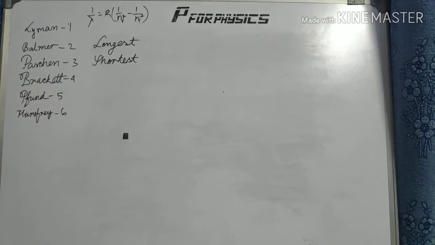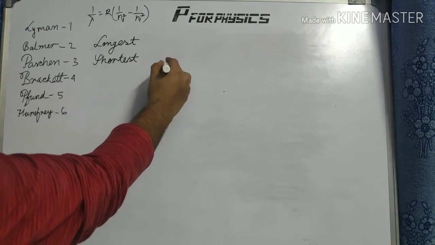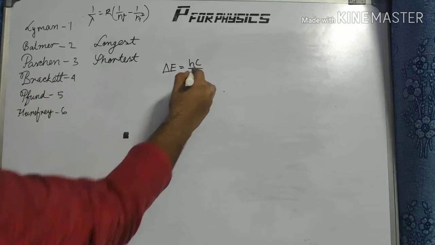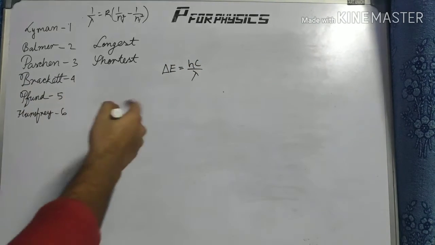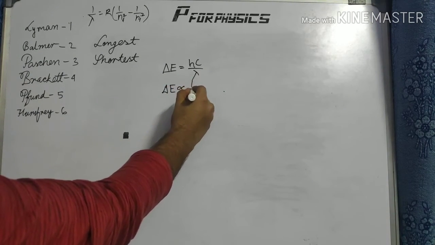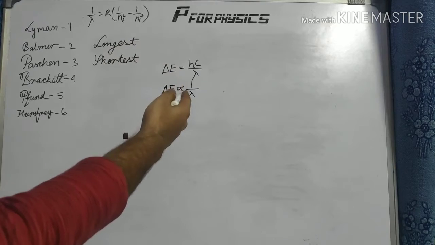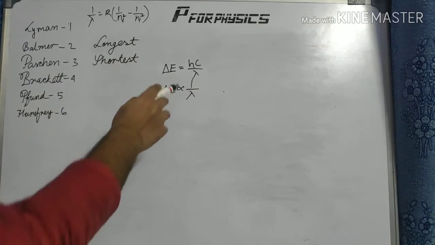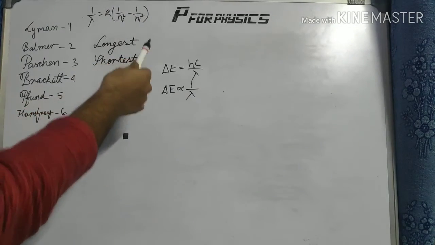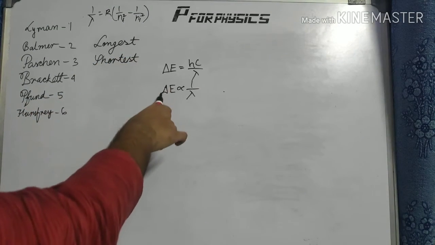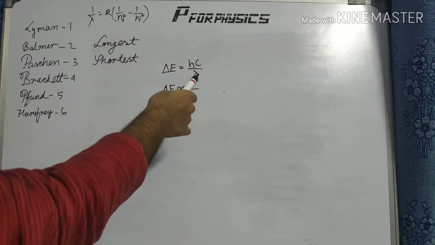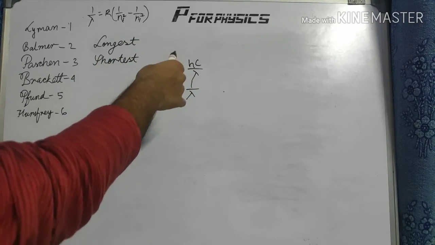So the basic idea is, we know that energy gap delta E is hc by lambda, so that energy gap is inversely proportional to lambda, or lambda is inversely proportional to delta E. So in order to have the longest wavelength, we need the shortest energy gap, and for the shortest wavelength we need the longest energy gap.